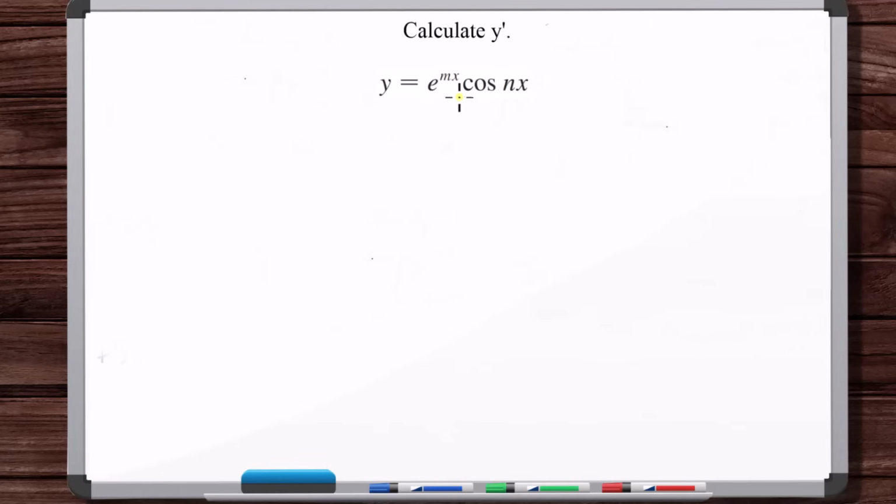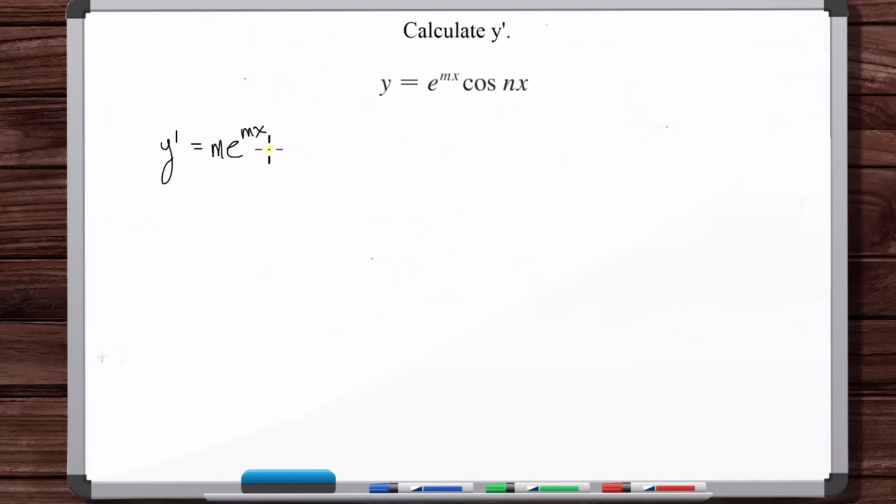Okay, product rule. We have one function of x and we have another function of x. This m and this n are constants. Derivative of the first, derivative of e to the mx, chain rule. What is the derivative of e to the something? It's e to that something times the derivative of that something. Derivative of mx is m.